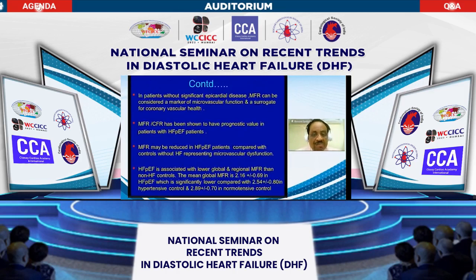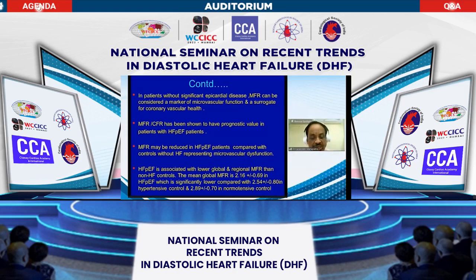In patients without significant epicardial disease, where there is no luminal narrowing, MFR can be considered a marker of microvascular function and a surrogate for coronary vascular health. MFR, or CFR, has been shown to have prognostic value in patients with HFpEF. MFR may be reduced in HFpEF patients compared with controls without HFpEF, representing microvascular dysfunction.